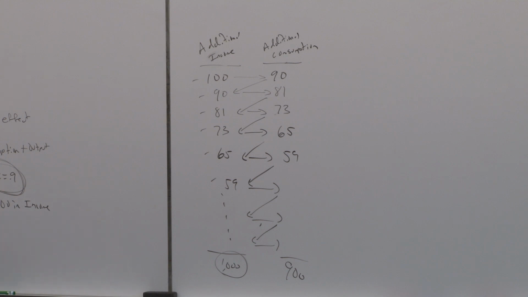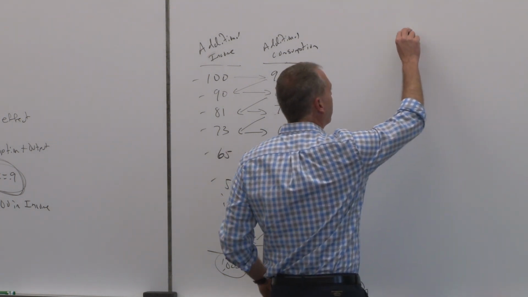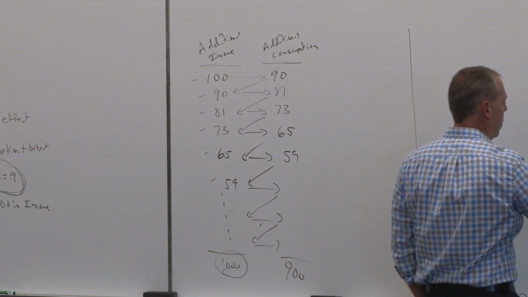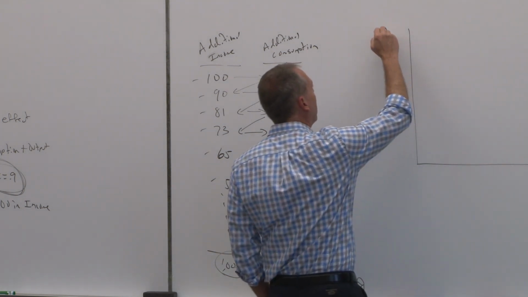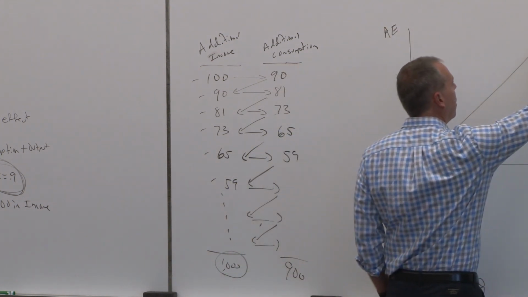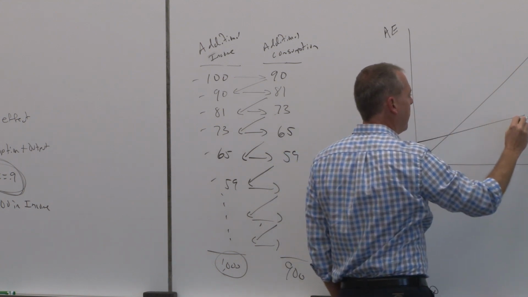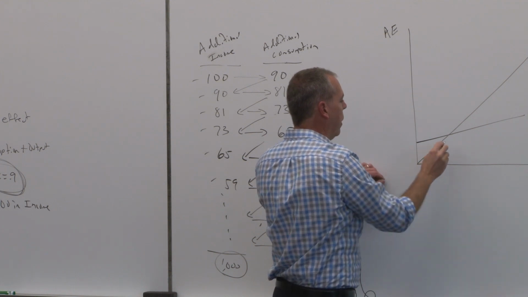And you can see it in a couple of different ways. Let's ignore the import stuff. Let's just look at the consumption part. Here's our output. Here's our aggregate expenditures. Here's our 45-degree line. Here's one AE line.